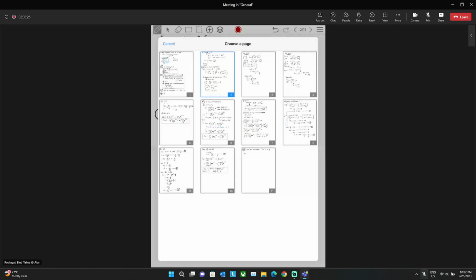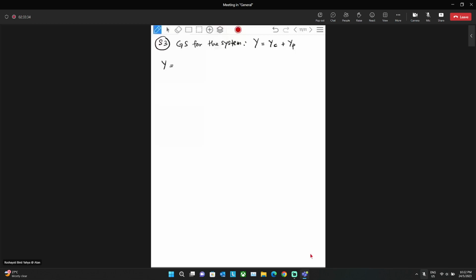Here is your yc in the form of A and B. So yc equals A negative half, 1, exponential 9x, plus B, 1 over 5, 1, exponential 2x, plus yp.